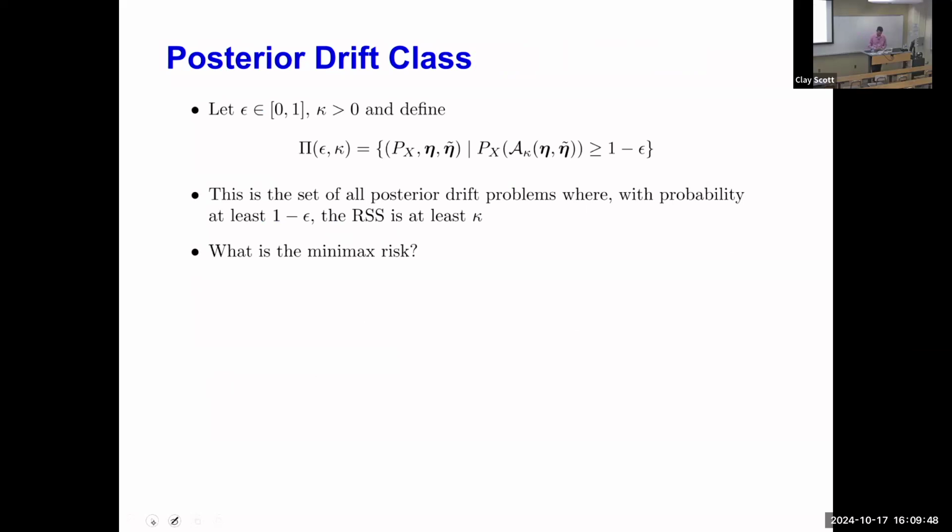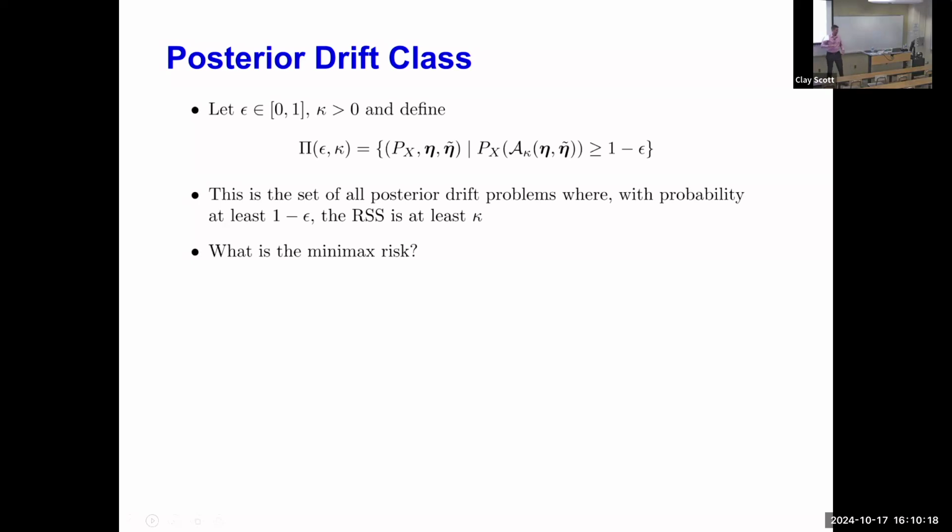And so now we're going to define a posterior drift class. In other words, a set of posterior drift problems in terms of this Massart-like condition. So epsilon is a probability, kappa is greater than or equal to 0.